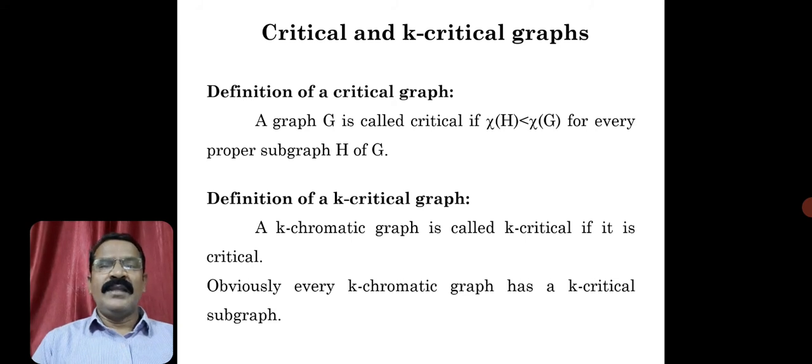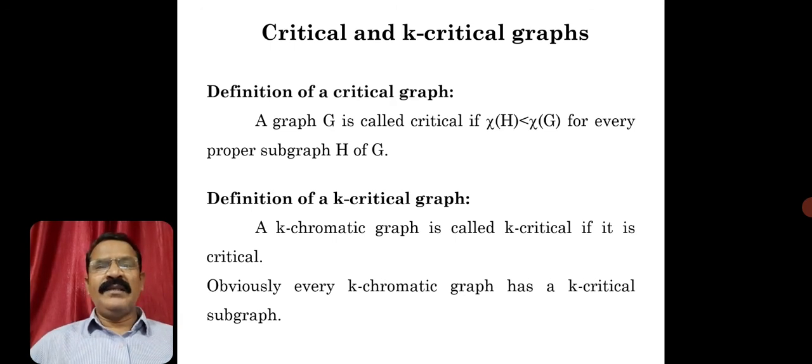Don't get confused. A K-chromatic graph is called K-critical if it is critical. It means a graph G whose chromatic number is K is called a K-critical graph if, for any proper subgraph of this graph, the chromatic number of the subgraph is always less than the chromatic number of the graph G. So a K-chromatic graph is called K-critical if it is critical.